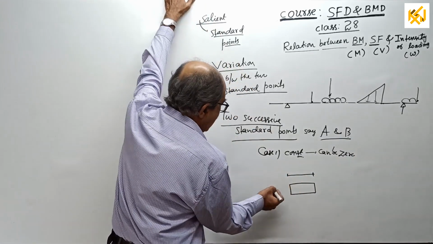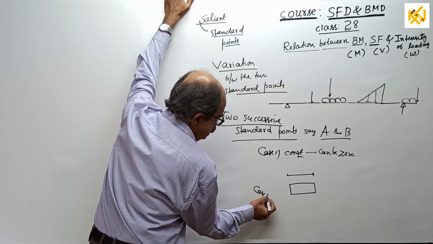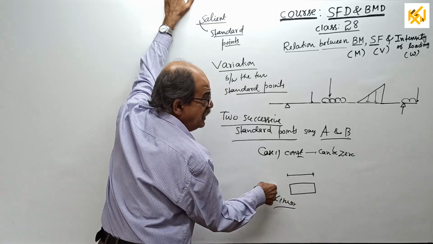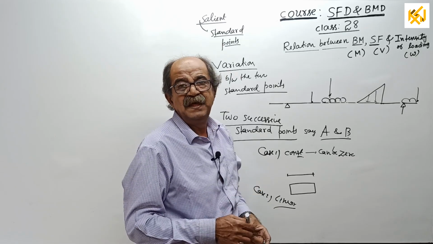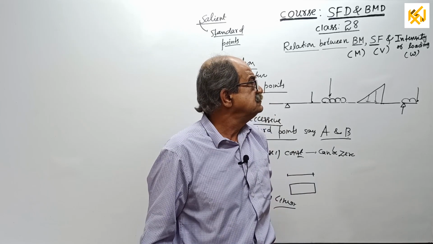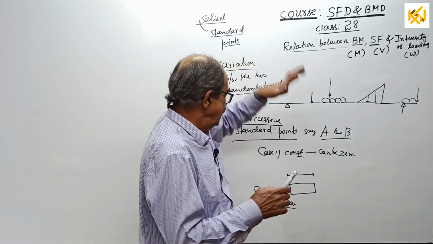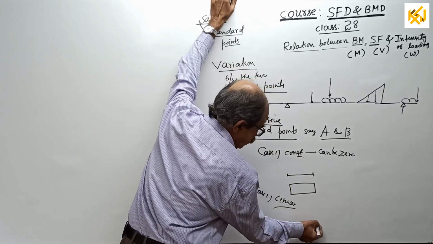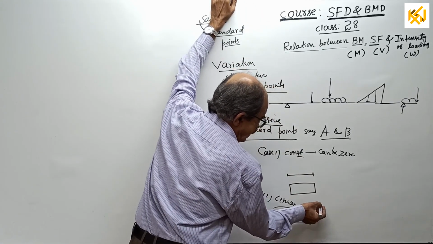Next, case 2, linear. Even this is linear only. Linear means you join those two by a straight line. If it is linear, there is no problem. Why? Suppose you know the ordinate here.